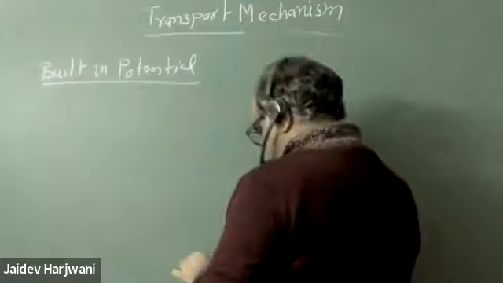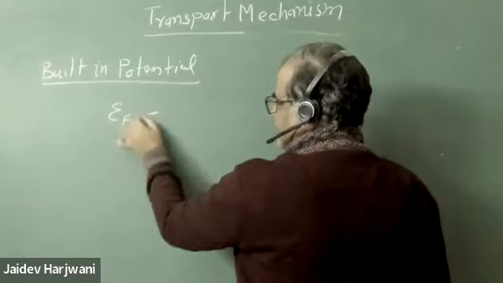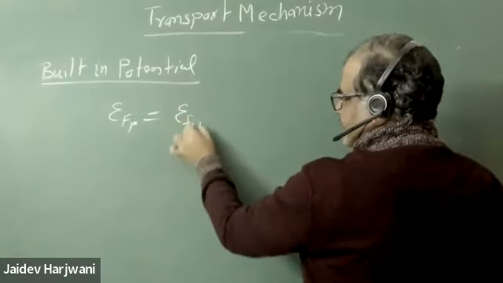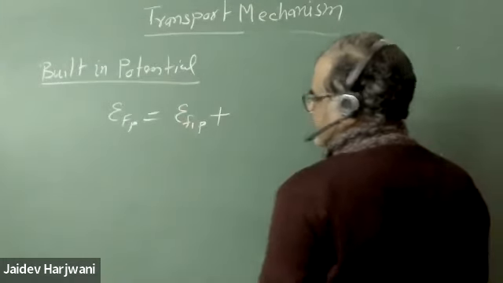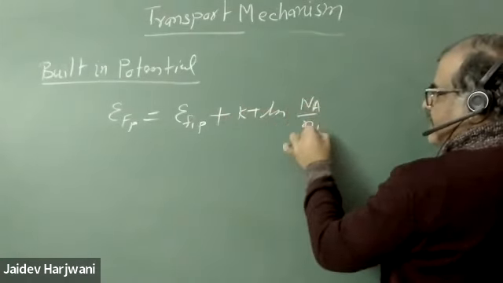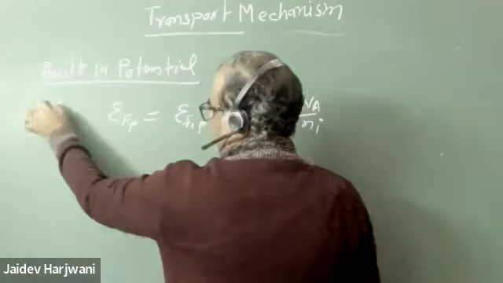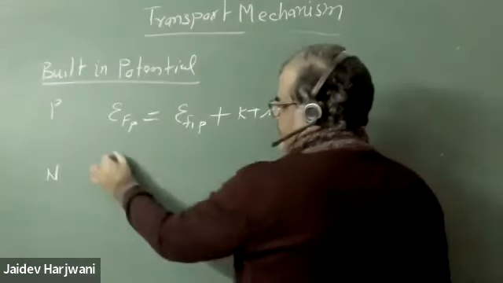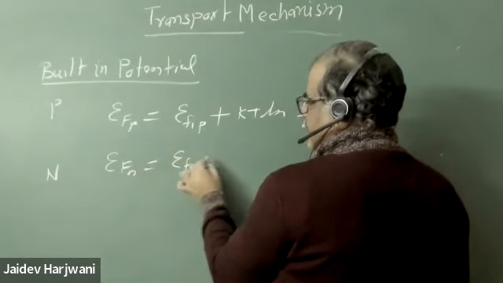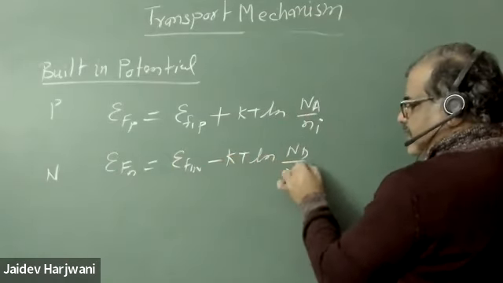Now I know the position of the Fermi level in p-type semiconductor is given by EFi plus KT ln Na upon Ni, isn't it? This is the position of the Fermi level of p-type material. And in n-type material, the position of the Fermi level is given by EFi minus KT ln Nd upon Ni.